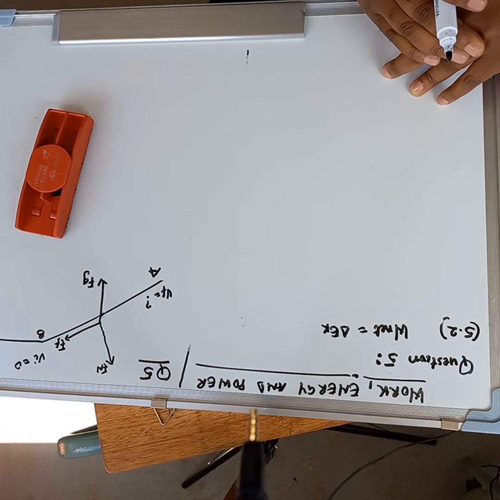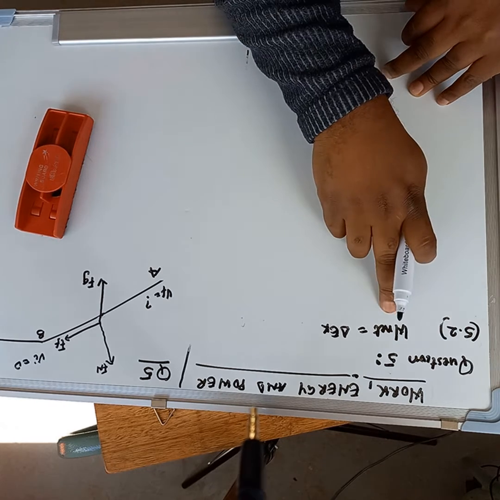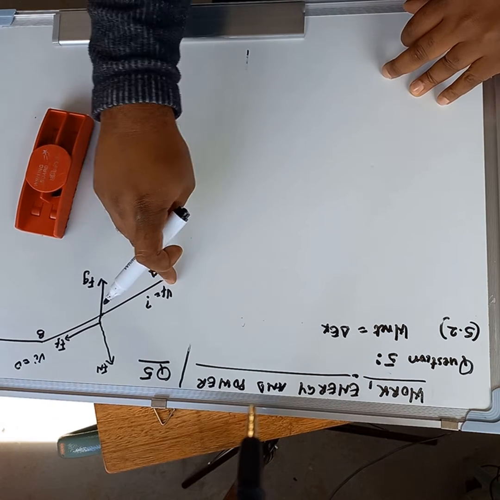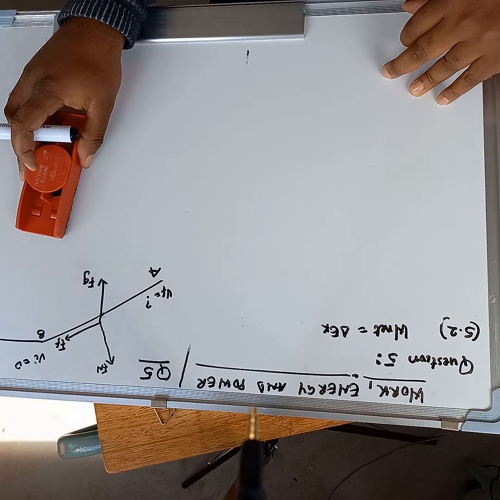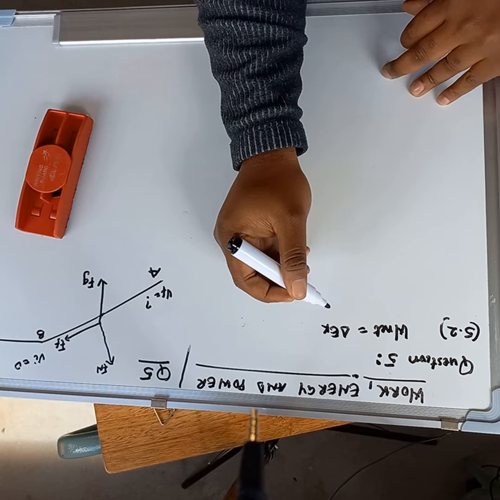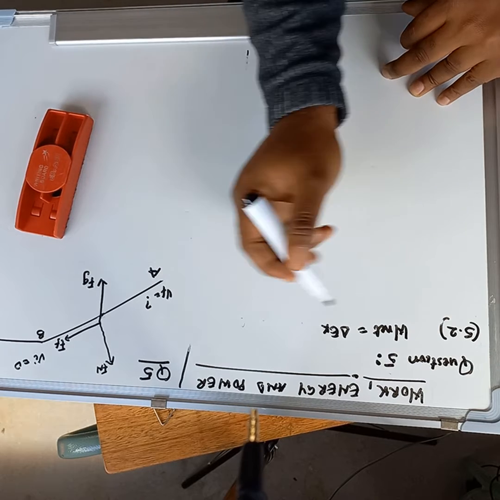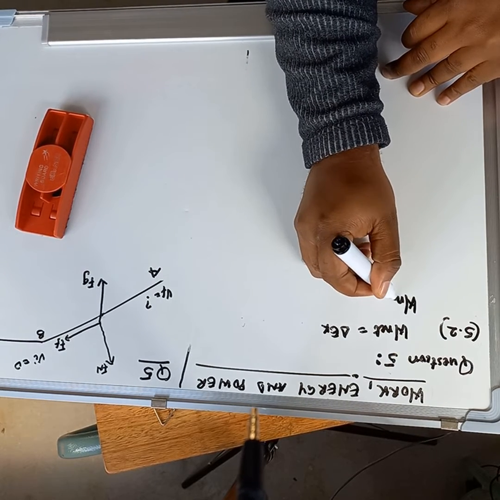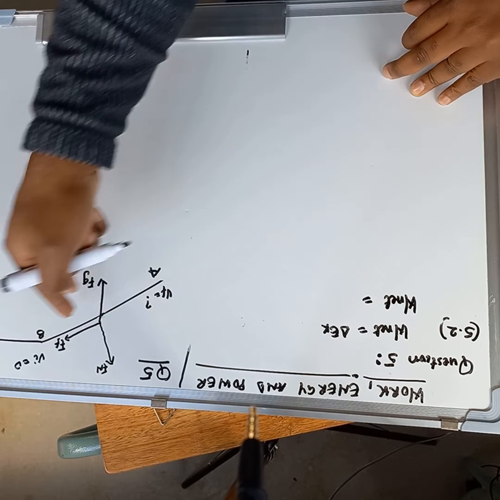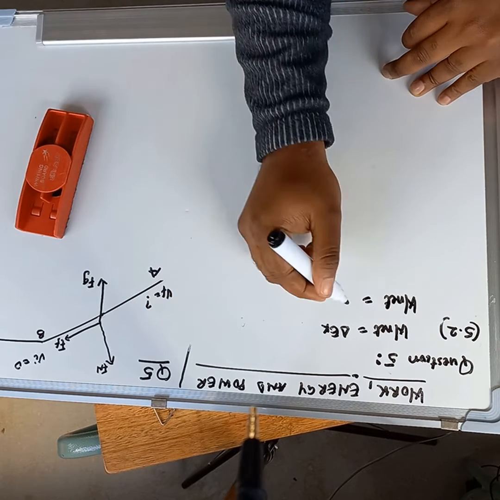If you look at this, you will see I need to calculate this, but I don't know this. Although I can calculate it from there, that would take me a longer process. So I try another method. I will say the net work is equal to the sum of all the work done by all the forces.